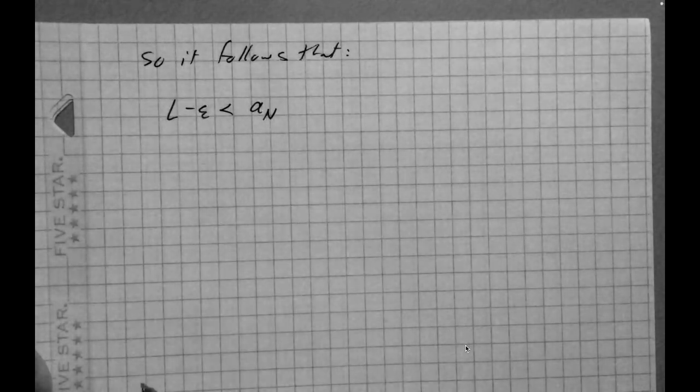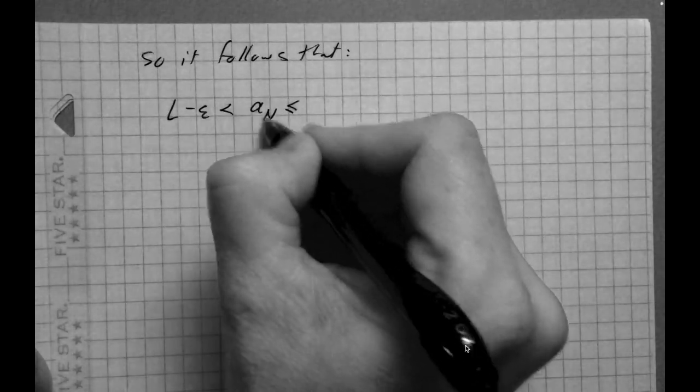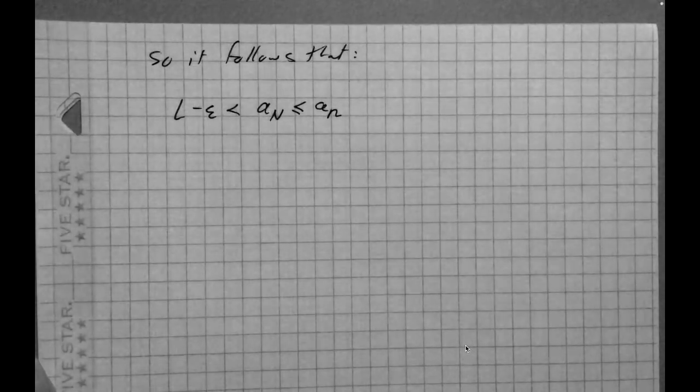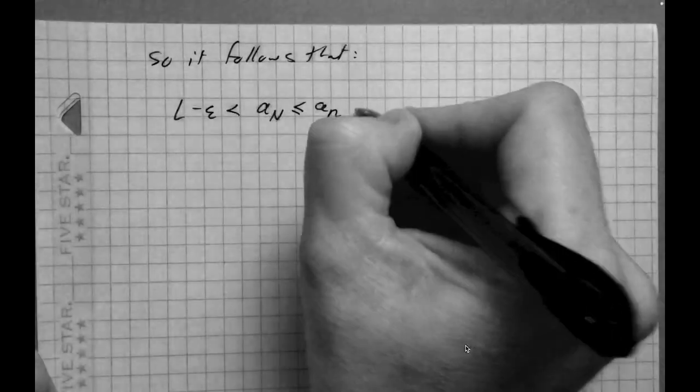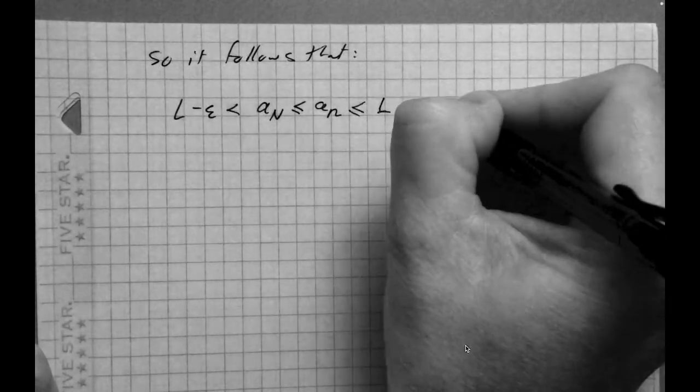And because it's monotone increasing, A of big N is going to be less than or equal to A of little n, where little n is larger than N. And these are all less than or equal to this least upper bound L, which is, of course, less than L plus epsilon.